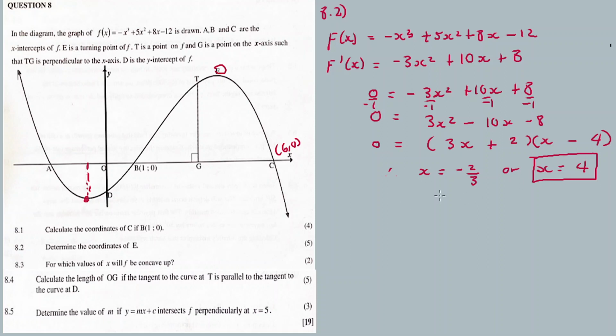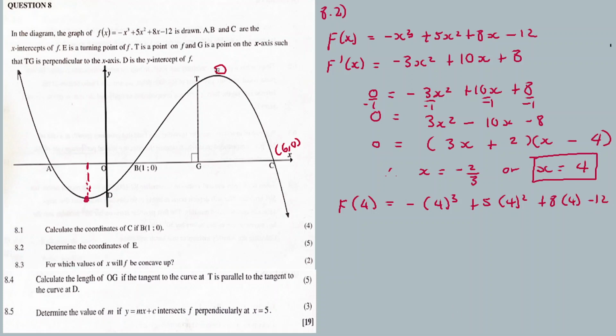So therefore I take the 4 and substitute back into the original equation. So you get f of 4, where there's x I put 4, so it's minus 4 cubed plus 5 times 4 squared plus 8 times 4 minus 12.